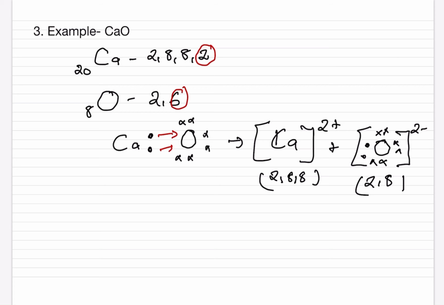Another way of doing it is we just make a circle for calcium, and then we make a circle for oxygen. Now we can write down calcium. How many electrons? 2. We can make dots over here. And oxygen, 1, 2, 3, 4, 5, 6. And then show the transfer of electron by the arrow here.